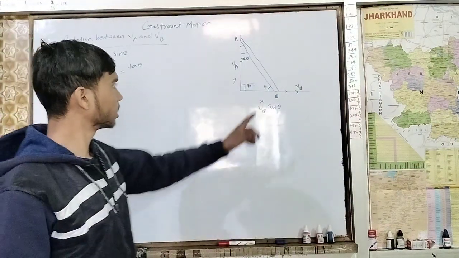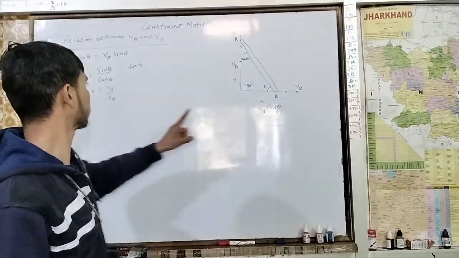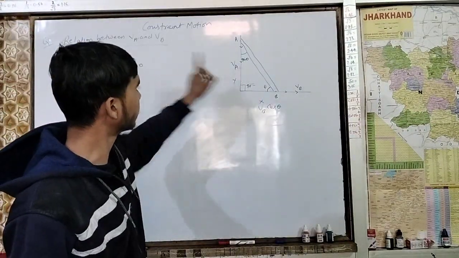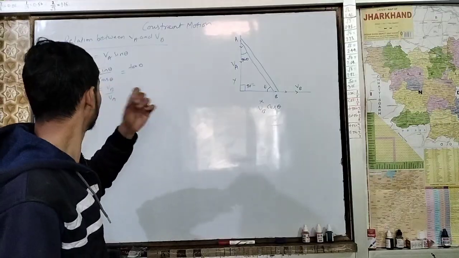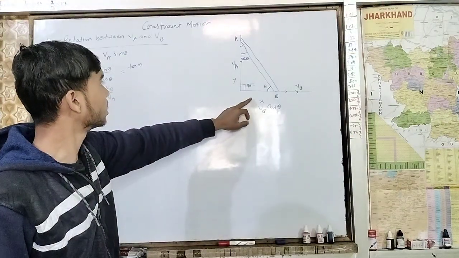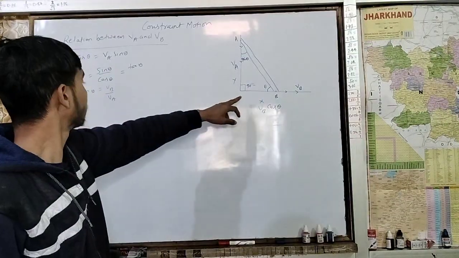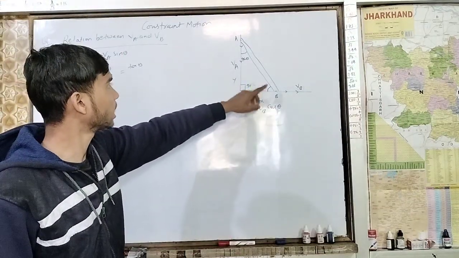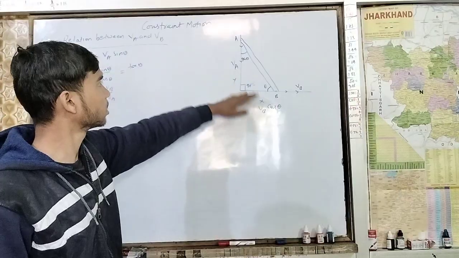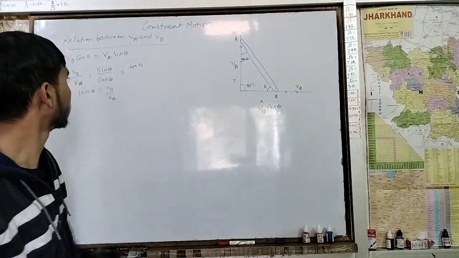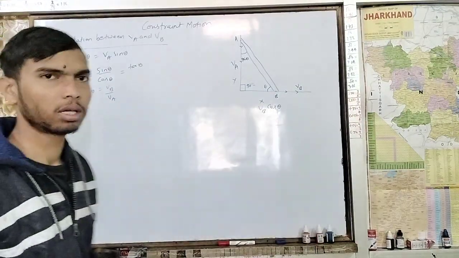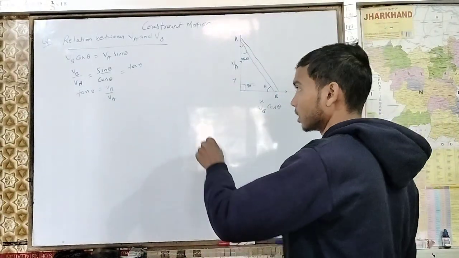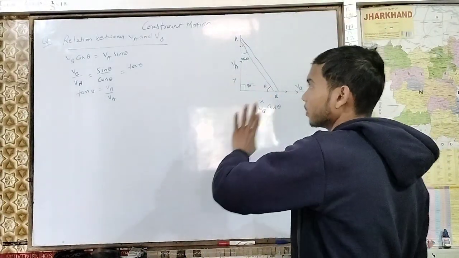If you want to find the angle, this angle or this angle, then you can say tan theta, and over here VB we are taking as perpendicular upon base. So tan theta is perpendicular upon base, but here our focus is not on that. It is just saying tan theta will be equal to VB upon VA.